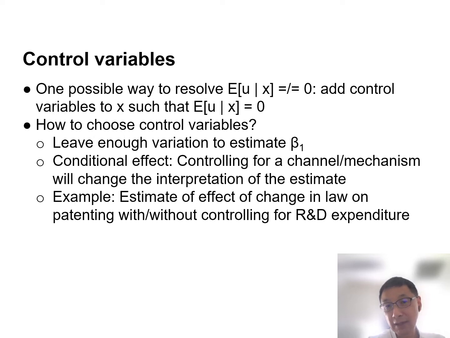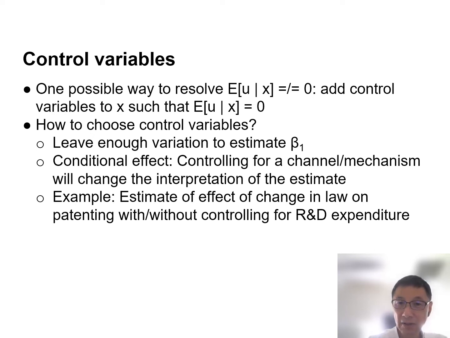And it could well be that if we choose the right control variables, we could, for instance, be able to resolve omitted variable bias. If we go back to the Tolstoy example, if we controlled for the onset of spring, then we would be able to avoid the confound. And then we would have the expectation of u conditional x equal to 0.